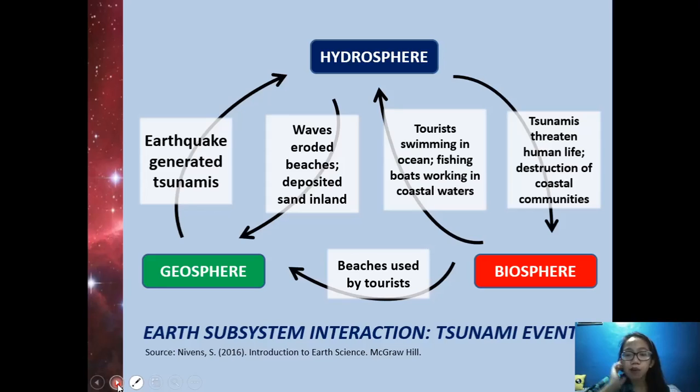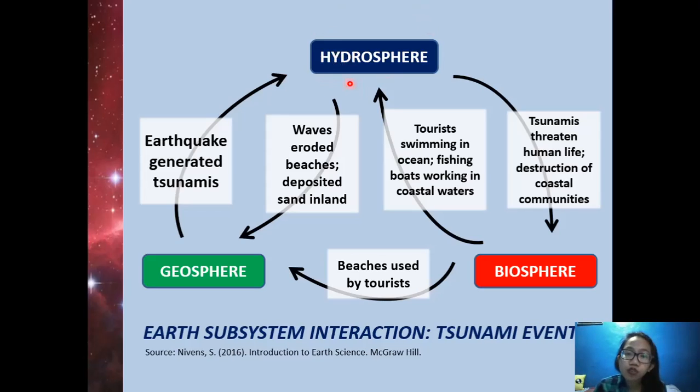So for example, here you have the Earth subsystems' interaction during a tsunami event. During a tsunami event, you will see these three spheres interacting with one another. So the geosphere generates an earthquake which causes a tsunami, thus moving your hydrosphere.